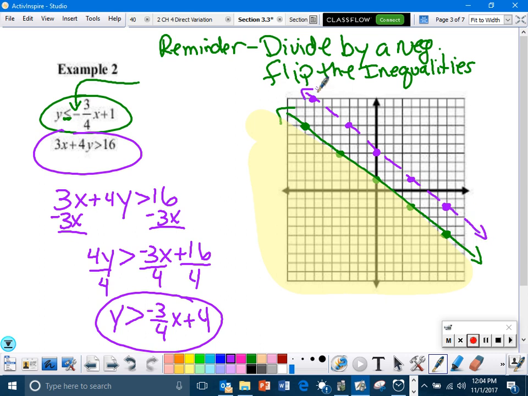Now, I didn't talk about this with the first example. A solid line means it is part of the solution.